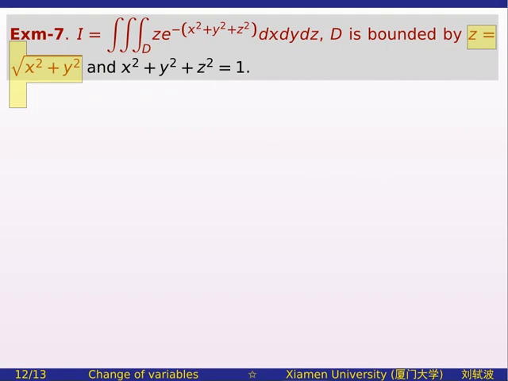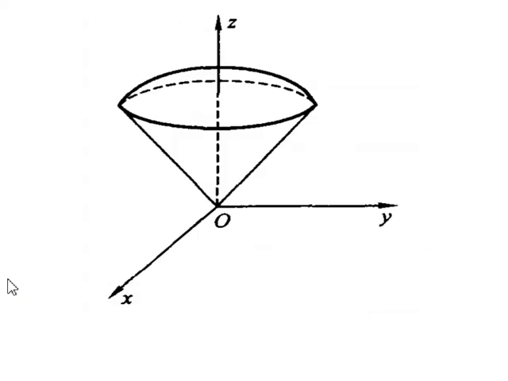Here is the picture of the domain. This is the cone, and the lower boundary of this domain is the cone, and the upper boundary of the domain is the sphere.